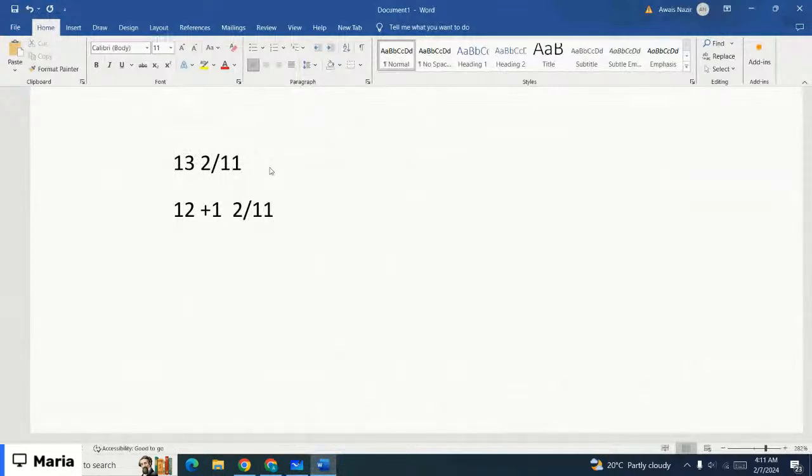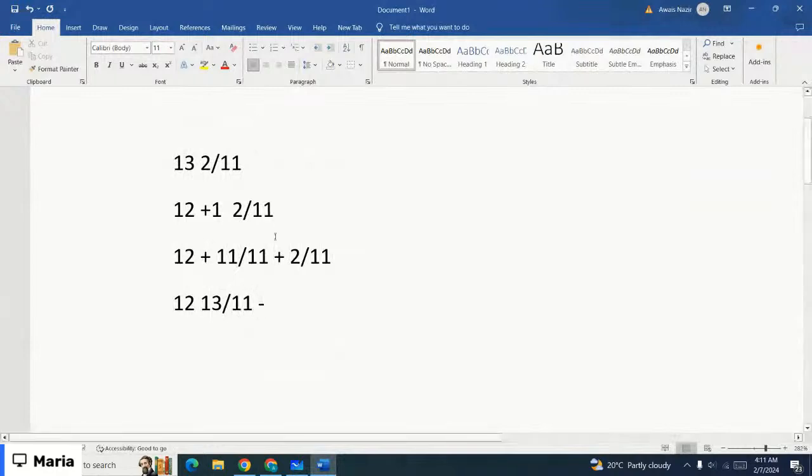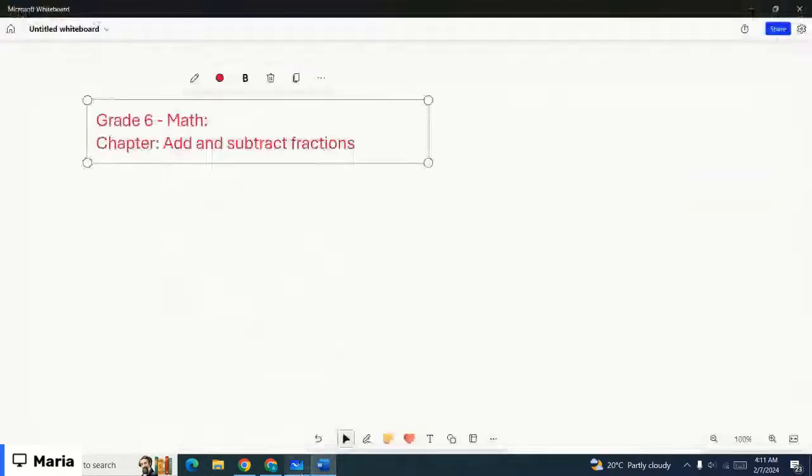Now you can write that 1 as 11 over 11, plus 2 over 11. Now you can add both the fractions, 11 over 11 and 2 over 11, and together they make 13 over 11. Now you can see that the numerator is greater than the denominator, and now you can subtract 9 whole 5 over 11.